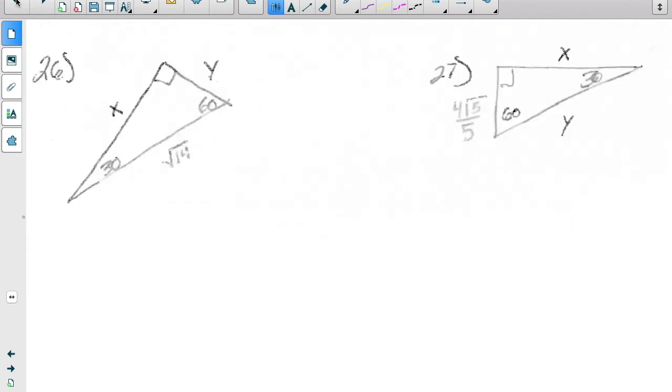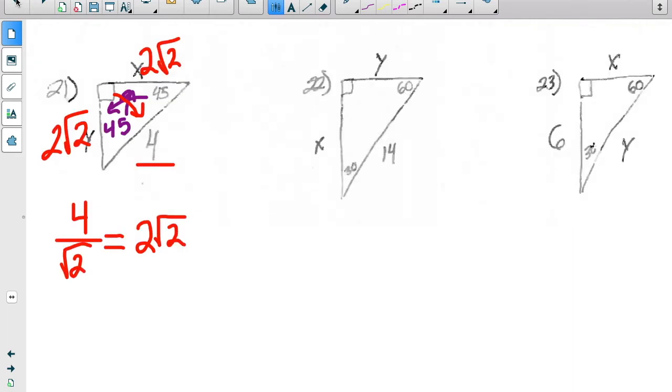And if we're given the hypotenuse, like on these last two, we take whatever that measure is. It doesn't matter what the measure is. We take that length and divide it by the square root of 2. Once we divide it by the square root of 2, it will give us the two side lengths that are both opposite the 45 degrees. And that's all we have to do for these.